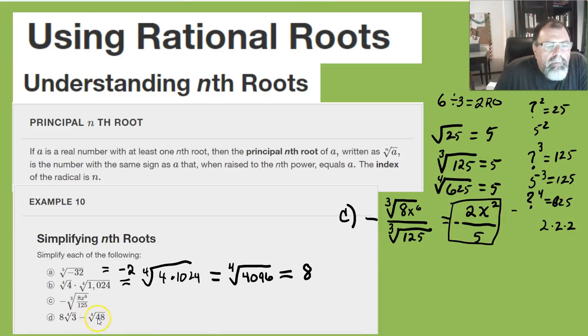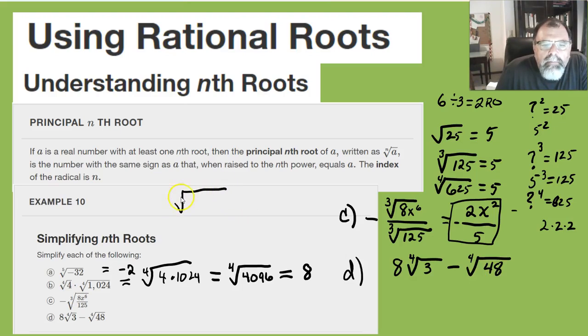And then this last one, 48. So we got 8 fourth root of 3 minus fourth root of 48. In scratch work, I'm going to see if I can simplify this. So 48 is 16 times 3.